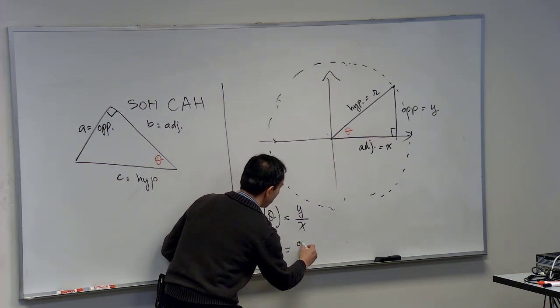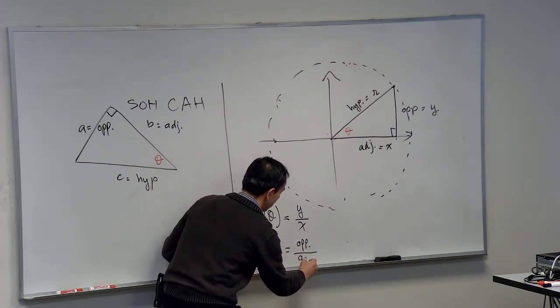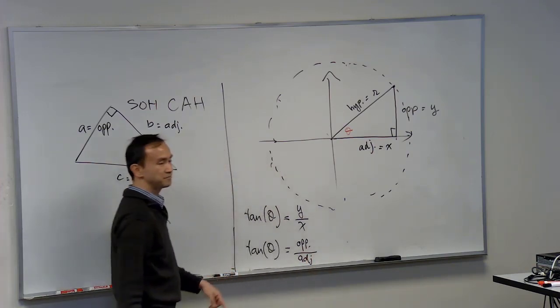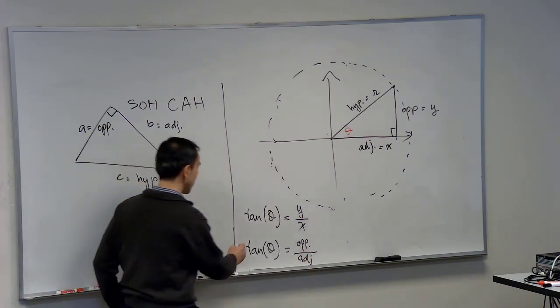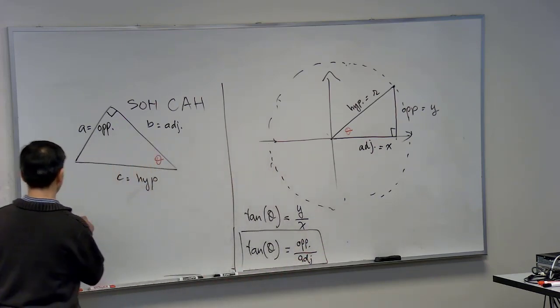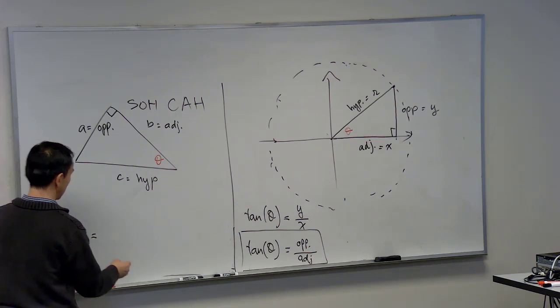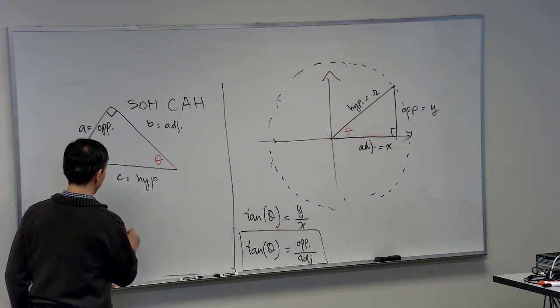The ratio of the opposite over the adjacent. We recognize another relationship. Okay. So right from here, tangent of theta equals opposite over adjacent.